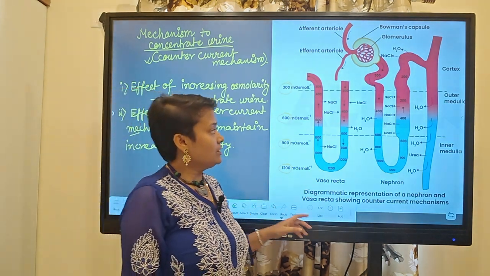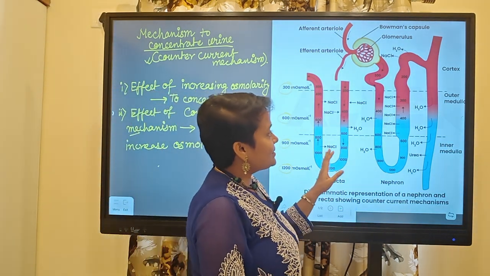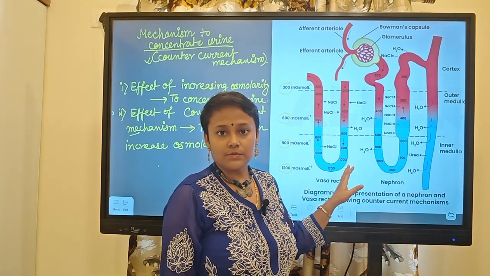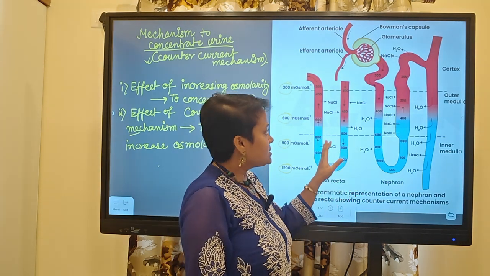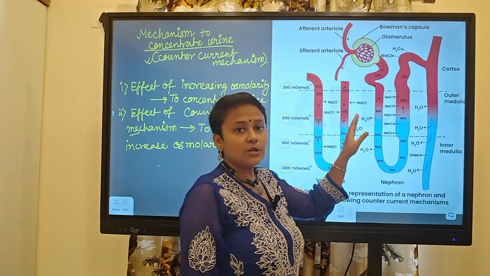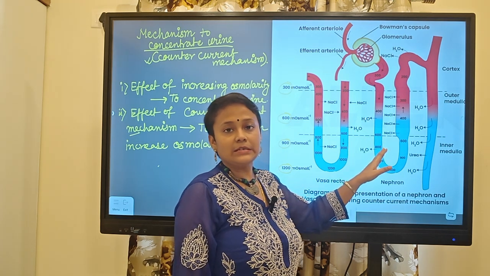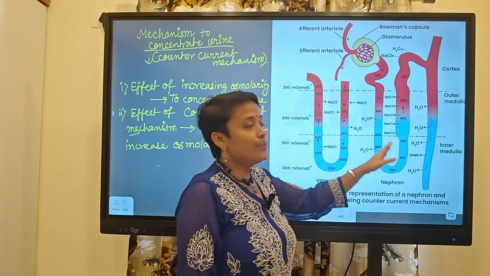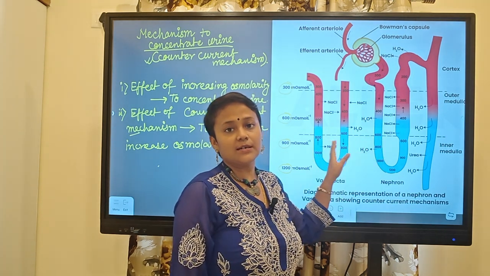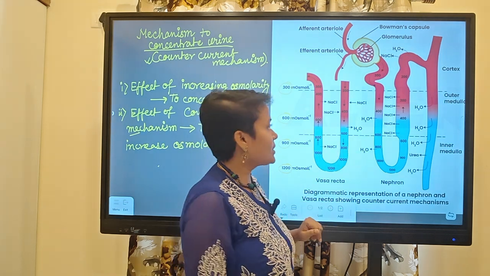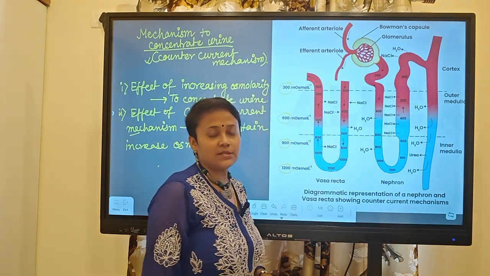Now, as I told you, it is a counter current mechanism. I mean, the flow of the filtrate is in the opposite direction with the vasa recta and Henle's loop, and they are closely associated.